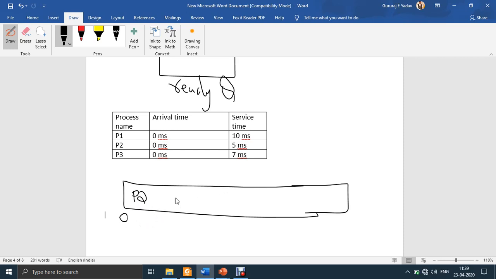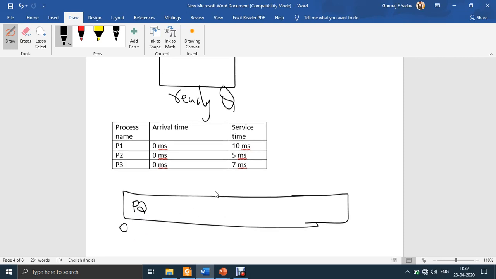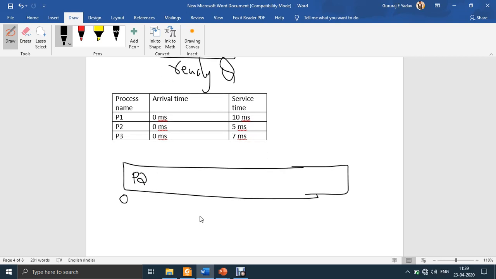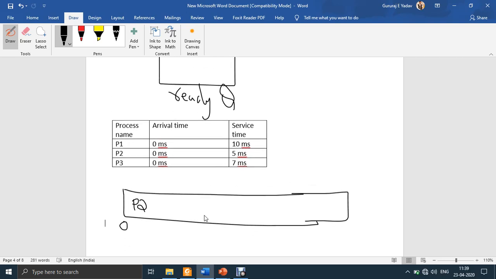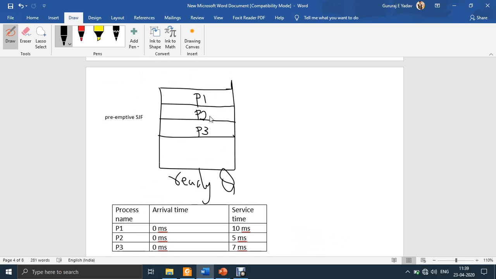Once you give the chance to P2, how long can P2 utilize the CPU? That depends on the ready queue and any new processes coming. Why?